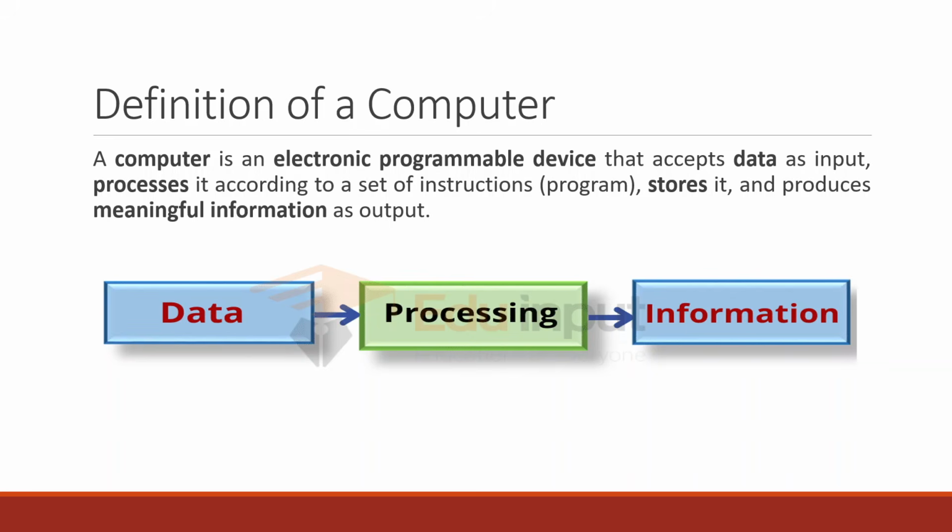Here, a computer system first accepts the data from the user through the input devices, for example, keyboard, mouse, or a scanner. And once the machine retrieves the data from the user, it will process it based on your instructions and provide the result to that particular user.